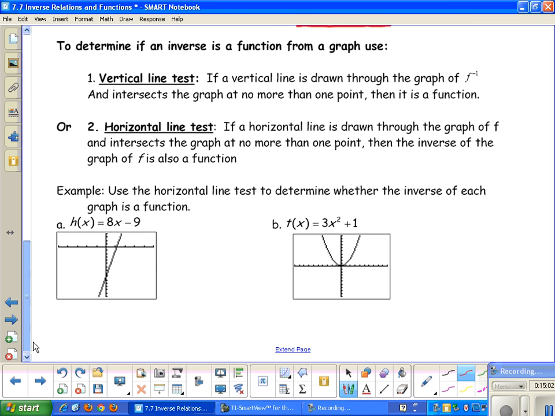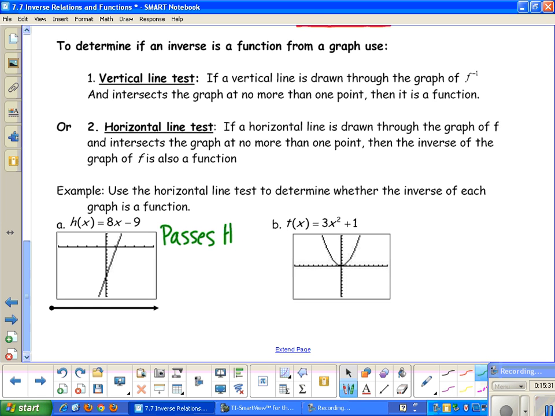So just to reiterate, the horizontal line test you use on the original graph to find if your inverse is going to be a function. So now if I do that for this problem, if I look at my original function, h of x is equal to 8x minus 9, notice that this only hits in one spot as I move it up and down on my graph, and I could zoom my window out also to see that. And it's a line, so I know it's going to. So this passes the horizontal line test.